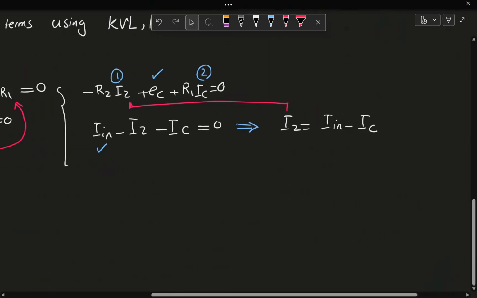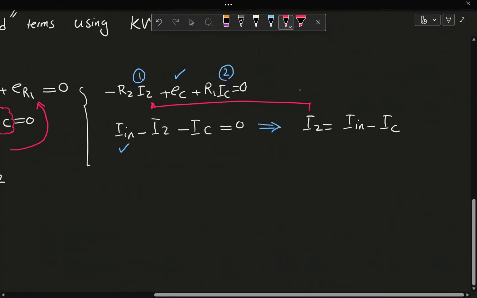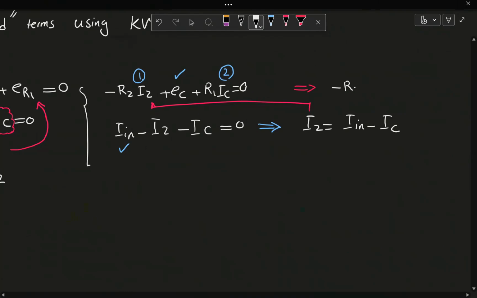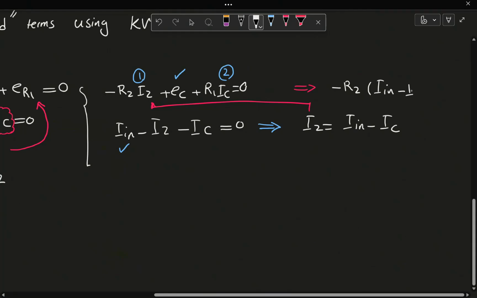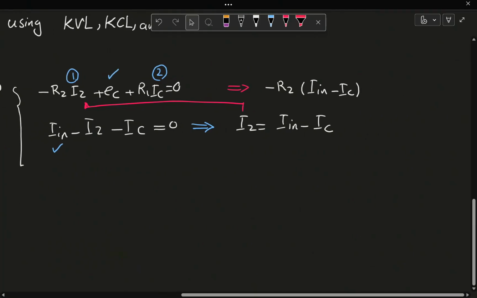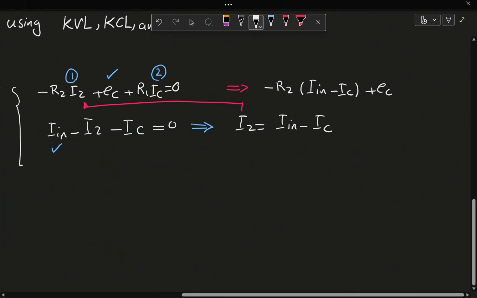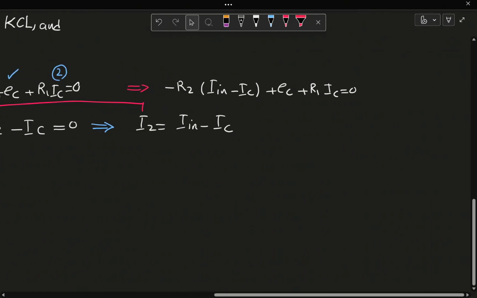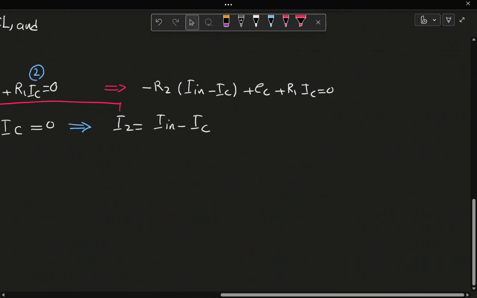If you do that, you will end up with negative R2 times (IN minus IC) plus EC plus R1 IC equals 0. Just simply solve this one for IC.